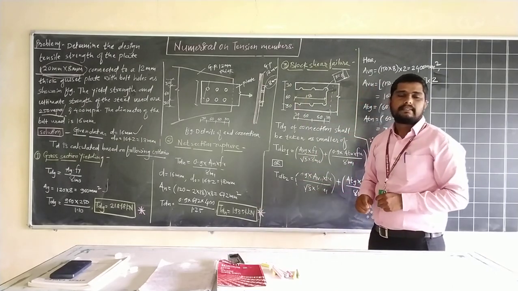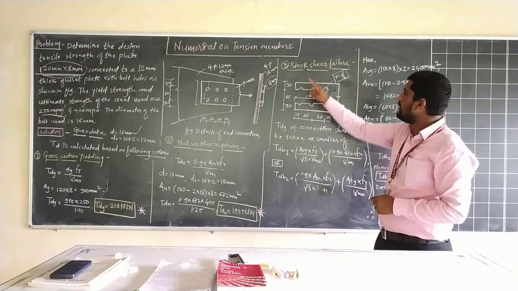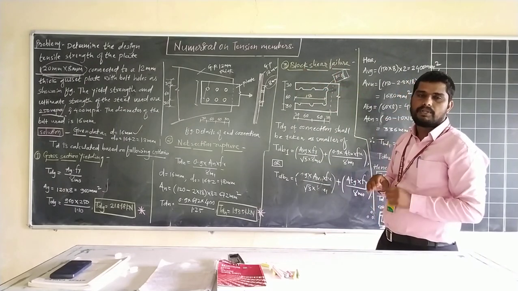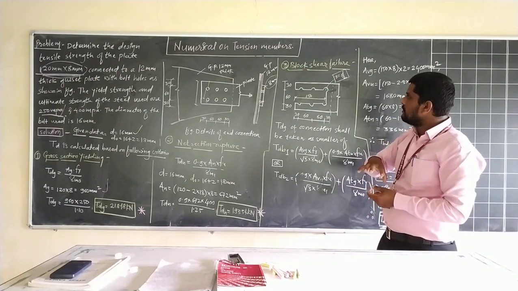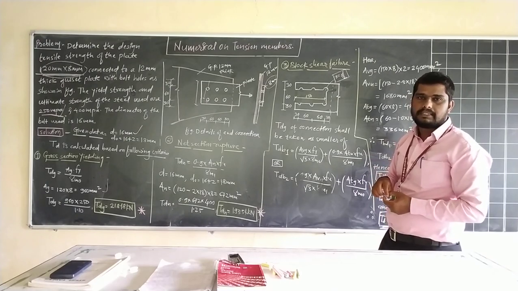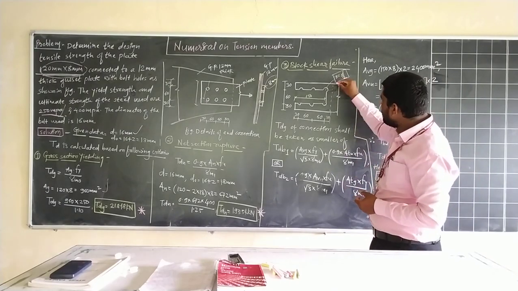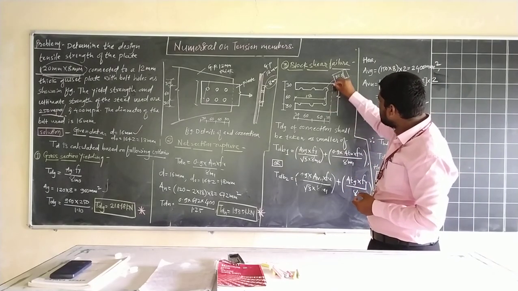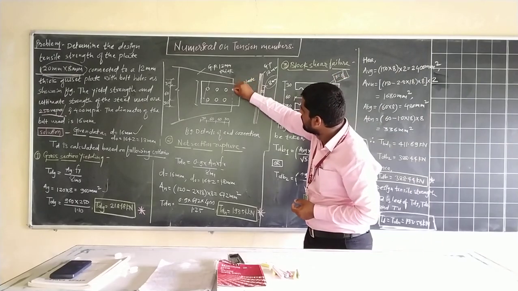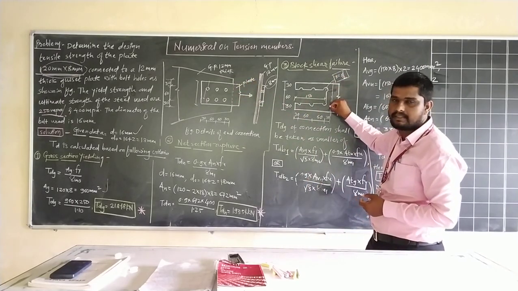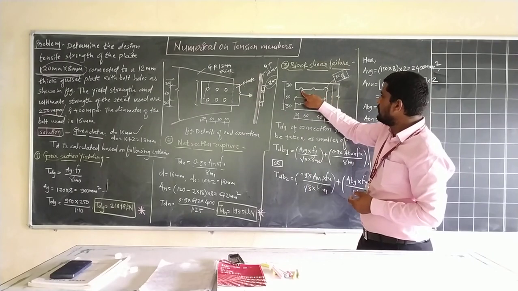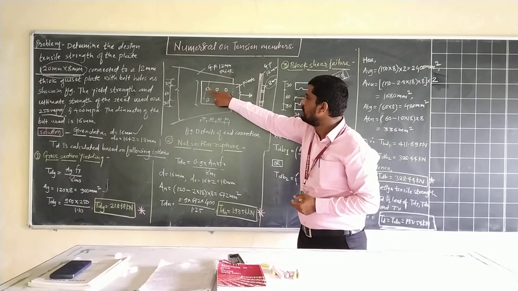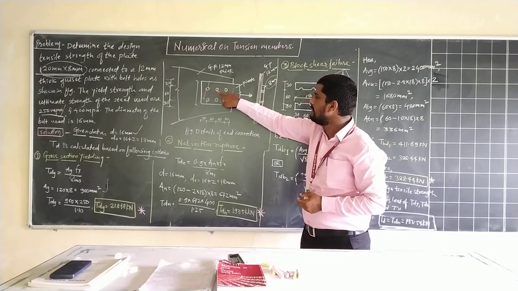Then the next criterion that we are going to check is block shear failure. When we consider block shear failure, at this particular section, where the dotted line is shown in the figure, the first bolt is fully covered, the second is also there.